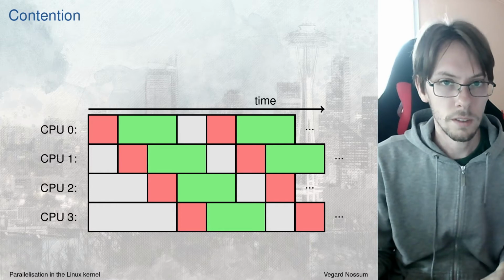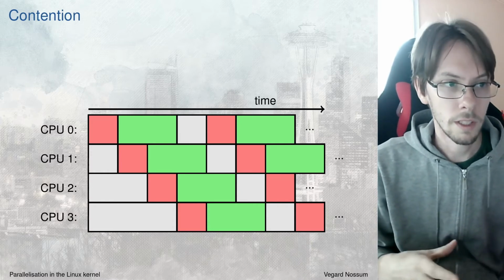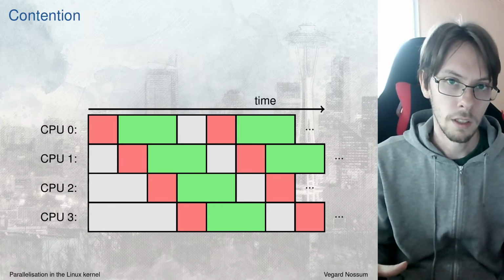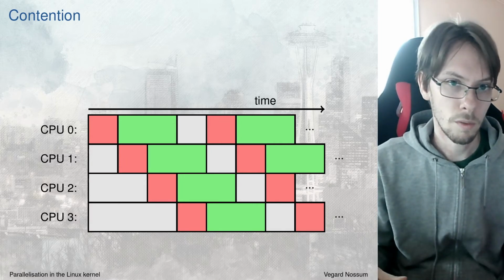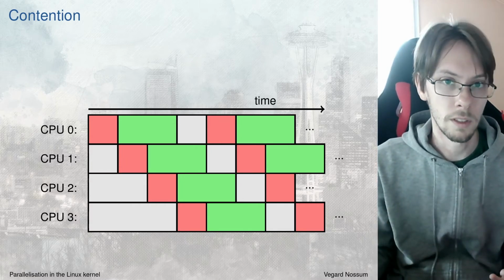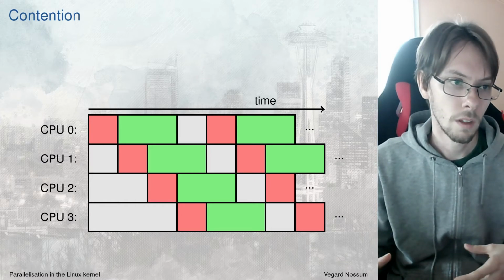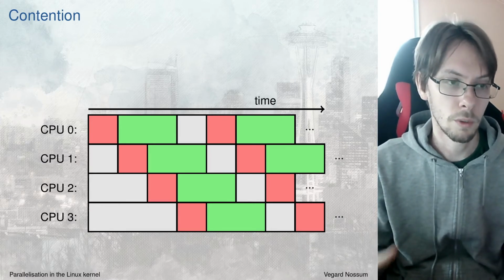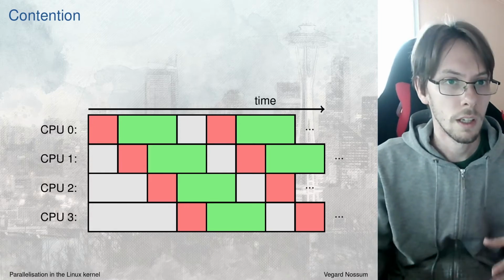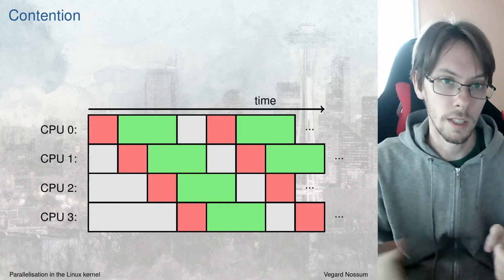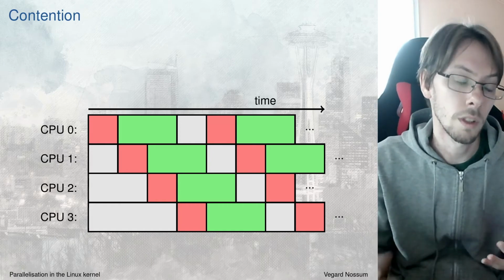In practice, it won't look exactly like this diagram. You'll have more random intervals and stuff, but the problem is still there, right? Having to wait for a lock to be free will get worse as you have more contention. And if you have more cores doing exactly the same thing, then you will have more contention.